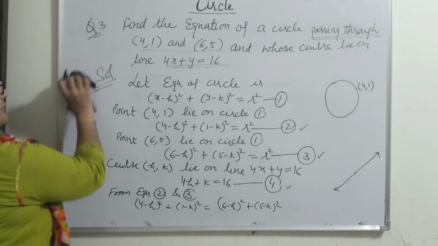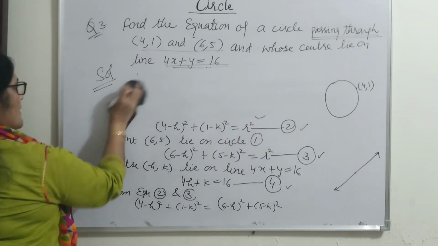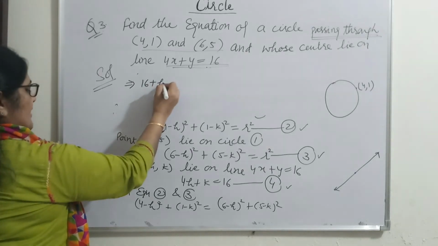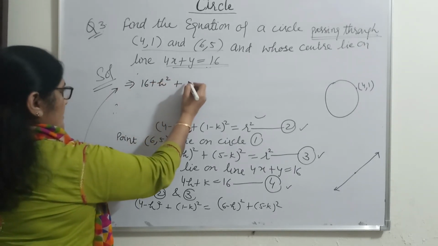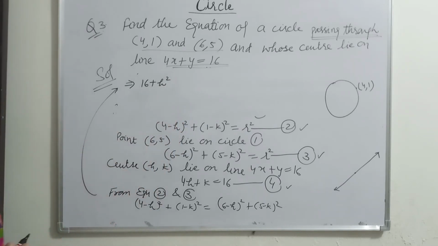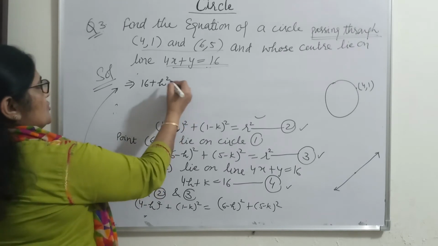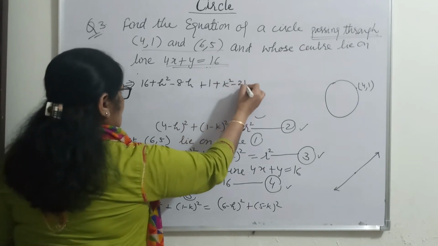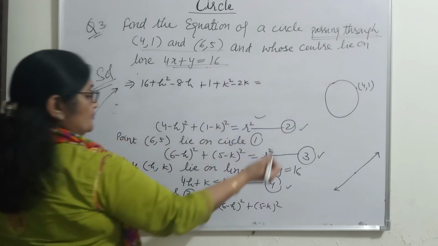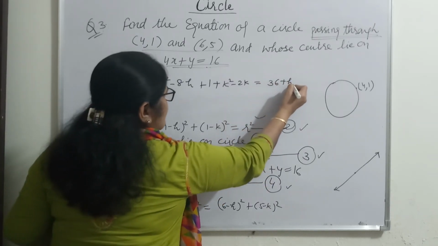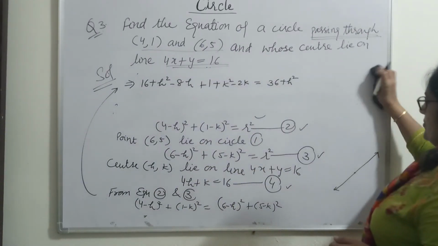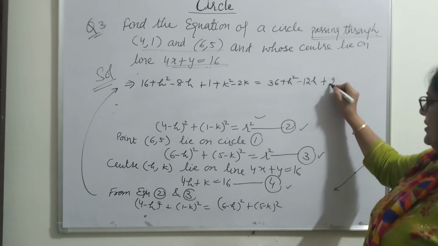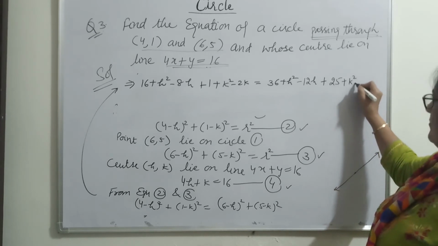Now simplifying, open the squares using the (a - b)² formula: 16 + h² - 8h + 1 + k² - 2k = 36 + h² - 12h + 25 + k² - 10k.